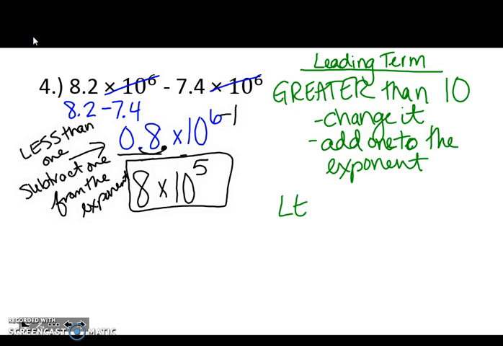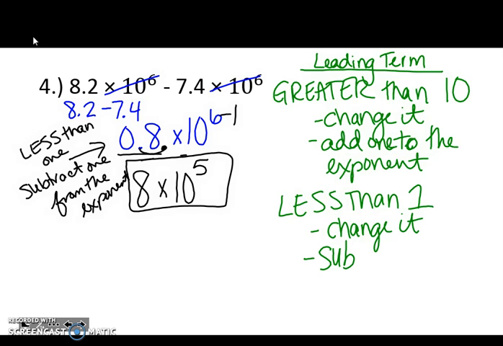If it is less than 1, then we're going to change it and subtract 1 from the exponent.